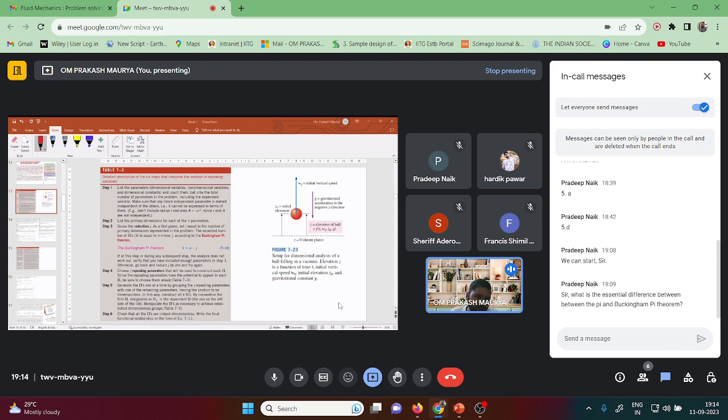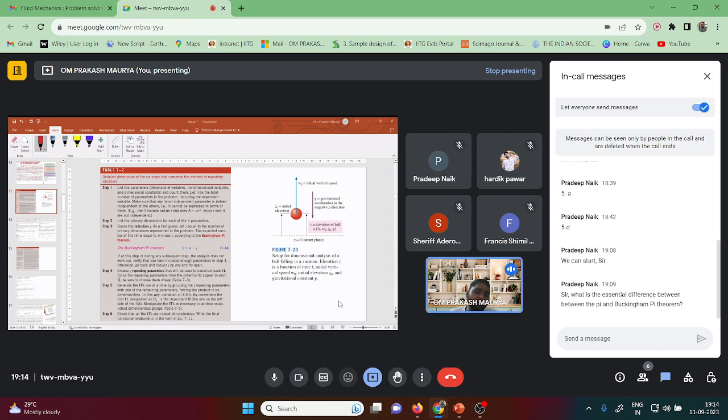Pradeep, your question is about the difference between pi and the Buckingham pi theorem. The pi is not the mathematical pi; the pi theorem is the same theorem for dimensional analysis.